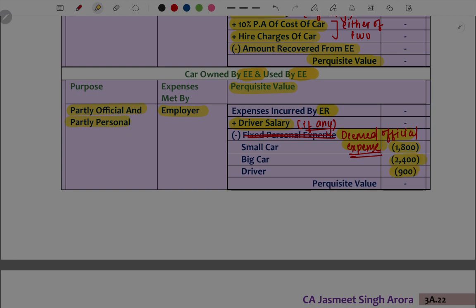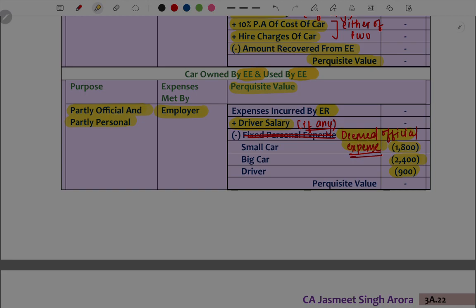Let me explain this and sum it up. If the employee has the car and uses it, the expenses are made by the employer, and the car is used partly official and partly personal, then the perquisite is the expense incurred by the employer minus your deemed official expense.